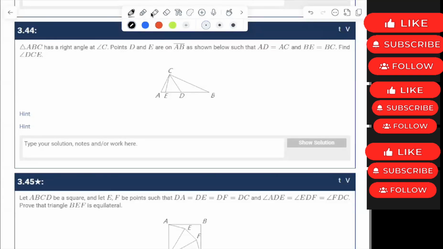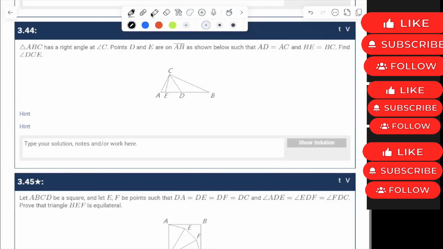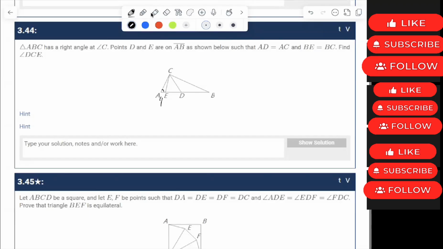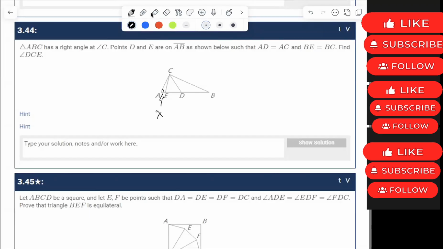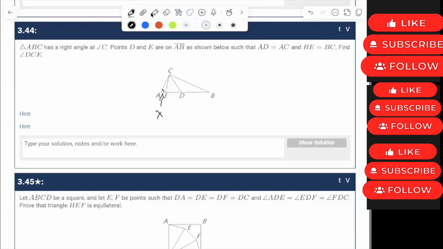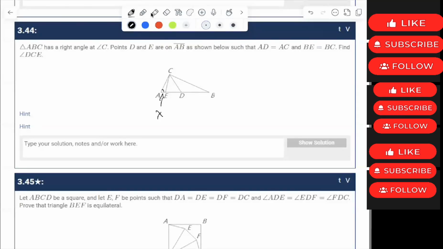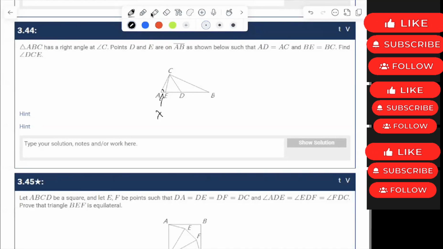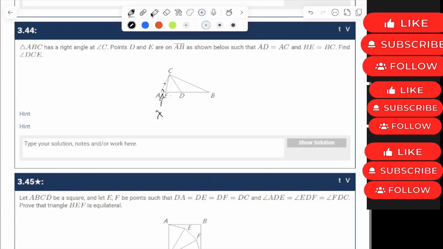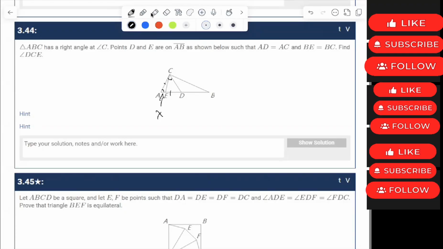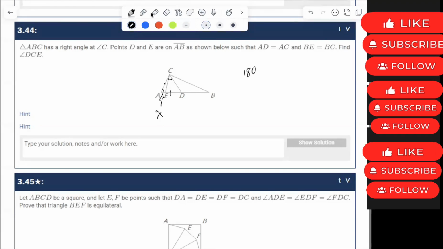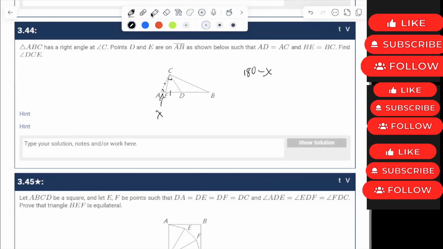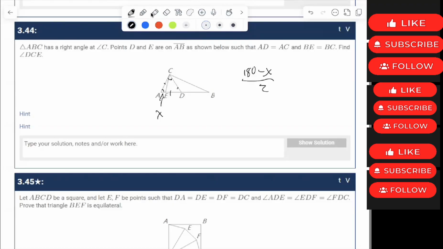Now let's first analyze AD and AC. This angle is pretty important, I believe. Let that be X, alright? So these two sides are equal. So this entire angle is 180 minus X divided by 2. So is this.